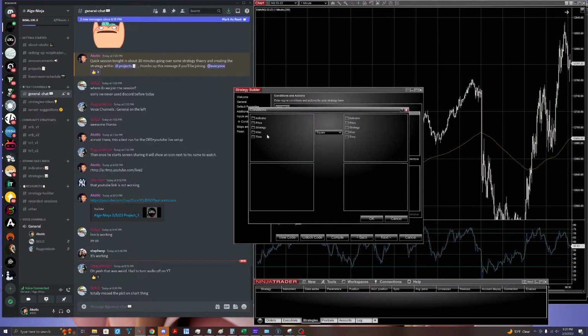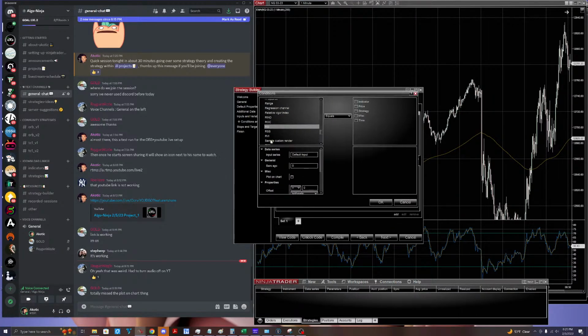Next we have the RSI condition, so we go to indicator, scroll on down to the RSI, and the thing that a lot of people missed was actually choosing the correct value plot. Because if you notice, the RSI indicator has two lines, which is the RSI itself and the average of the RSI, which is the smoothing line essentially.